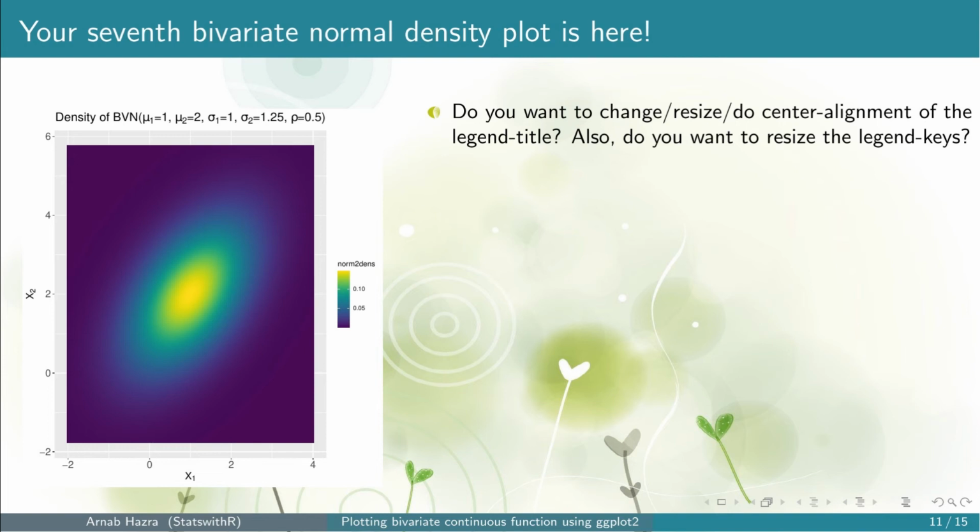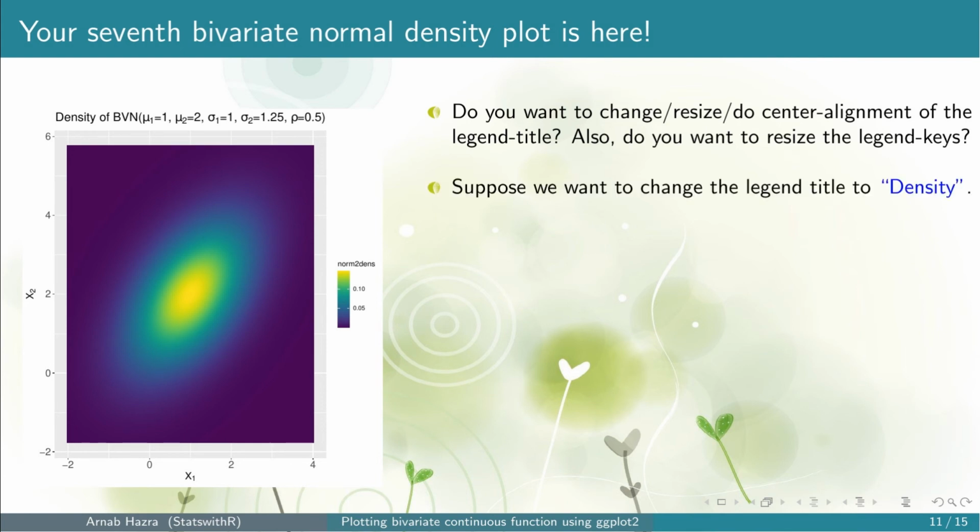So you might be interested to change this title along with enlarging it. Besides, you might want to place the legend title at the top center of the legend. Also, the numbers 0.05 and 0.10 on the legend are very small and you might want to enlarge them.